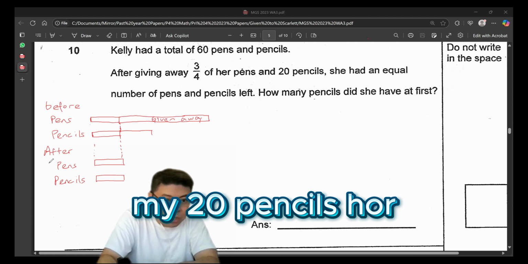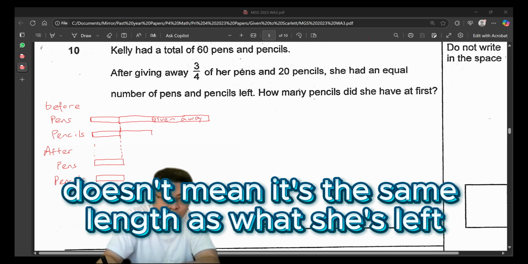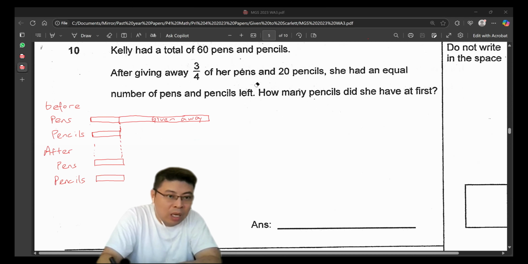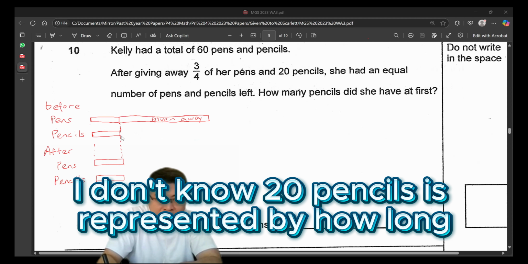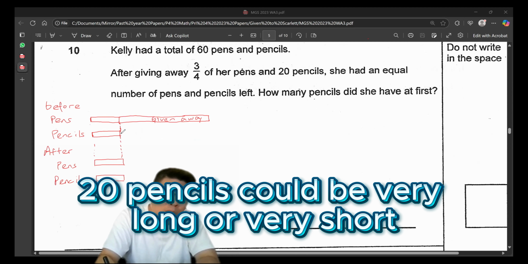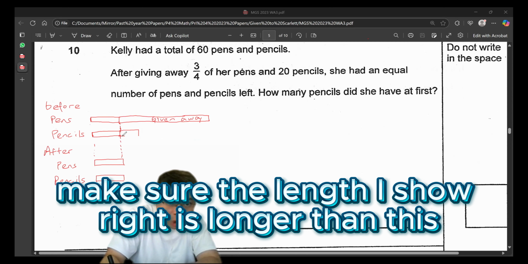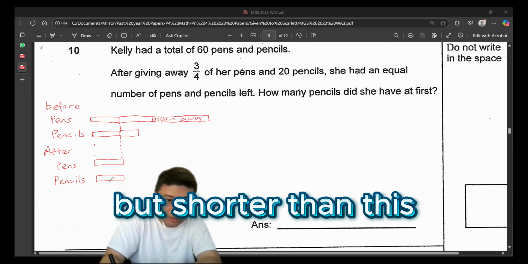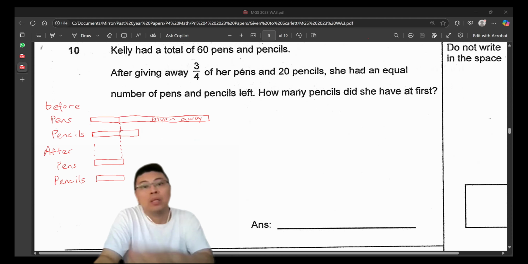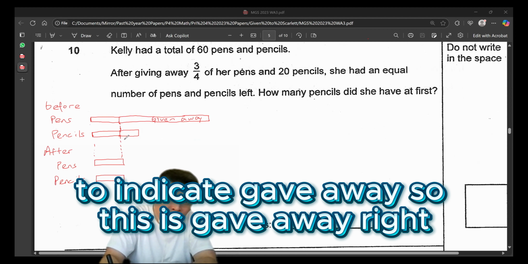My 20 pencils doesn't mean it's the same length as what she's left. The thing is, I don't know 20 pencils is represented by how long. 20 pencils could be very long or very short. So what I'll usually do is I'll just show like that. Make sure the length I show is longer than this but shorter than this, to indicate gave away.